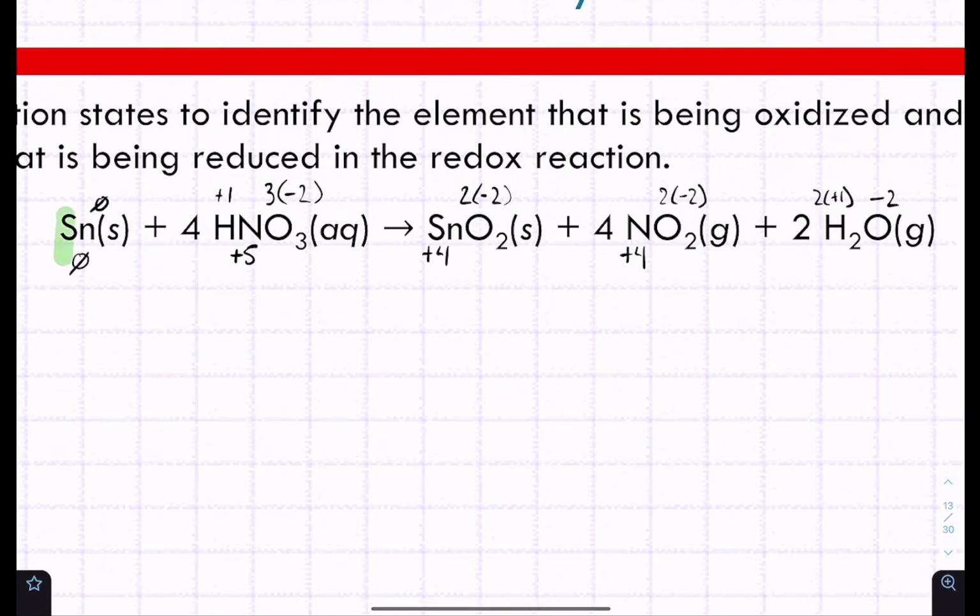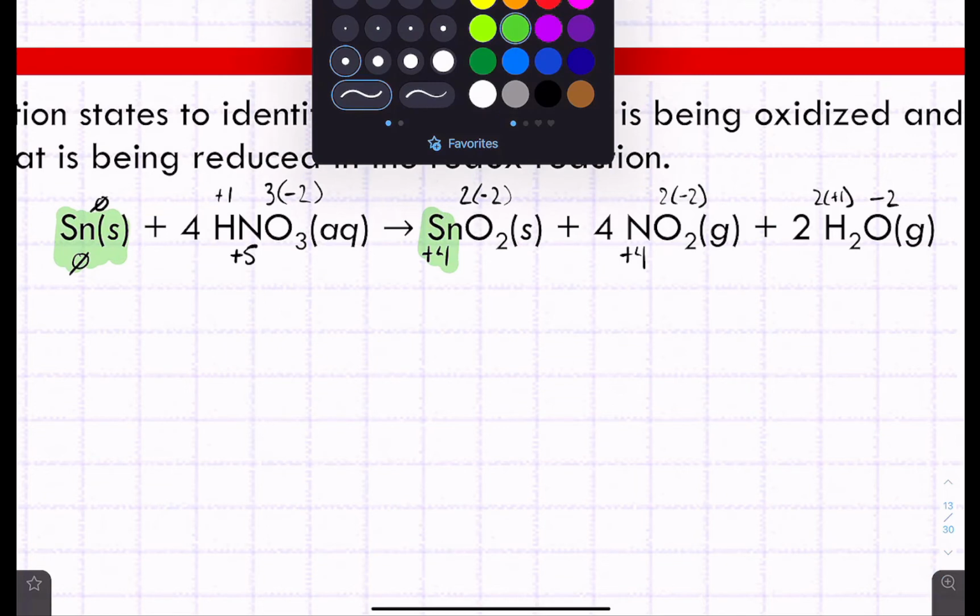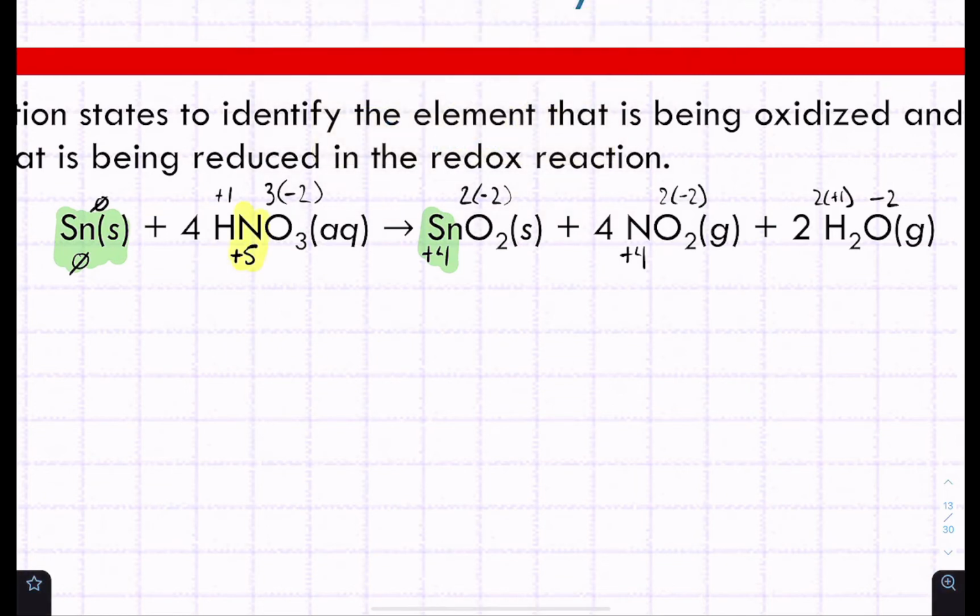Tin is one of them. So then tin, it goes from 0 to +4. Yes, and nitrogen, which goes from a +5 to a +4. So which one is being oxidized and which reduced? So the nitrogen is being reduced and tin is being oxidized? Yes.